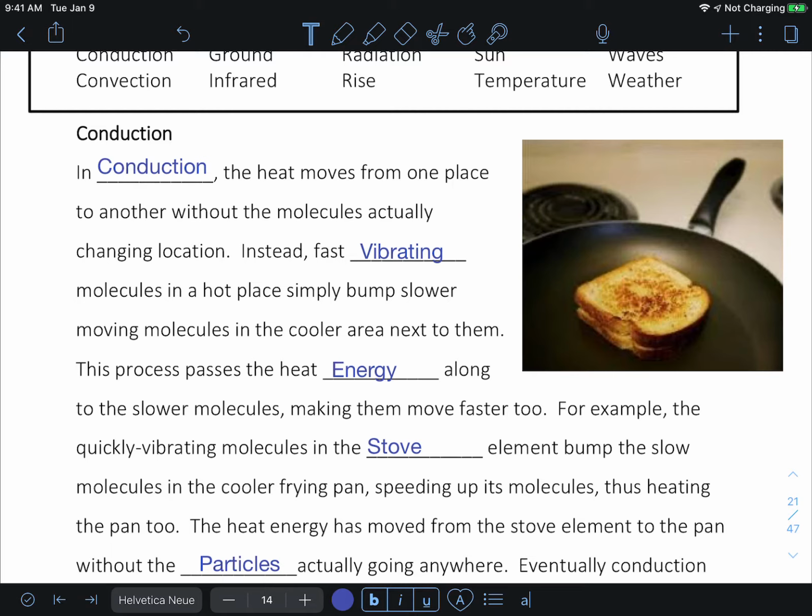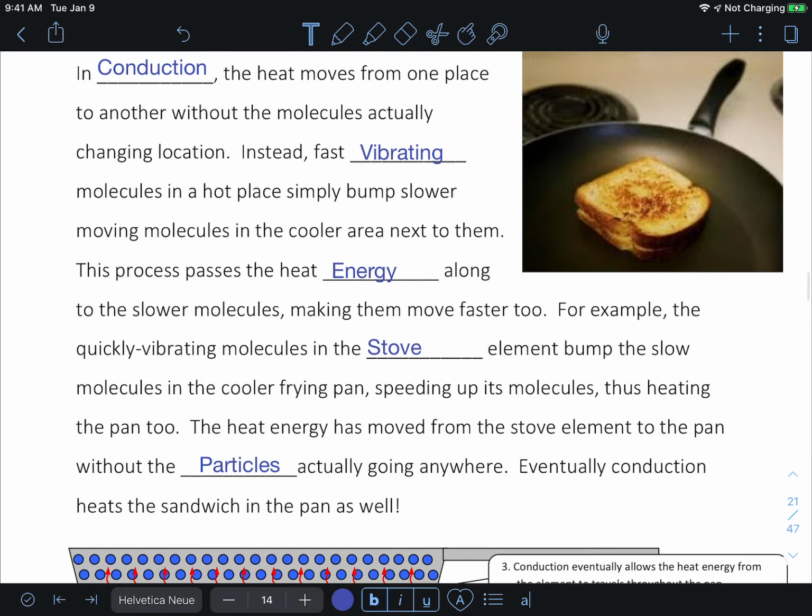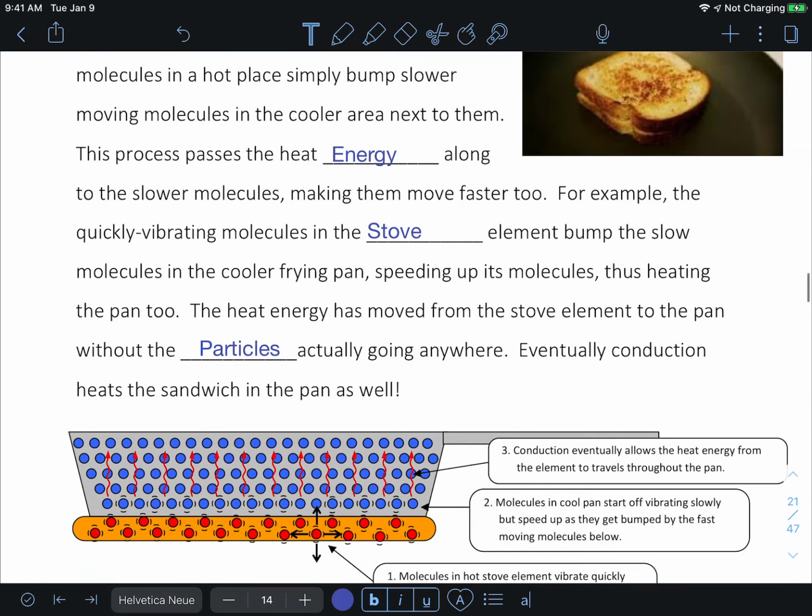So in this picture, we have a piece of bread there, or a sandwich being made on the pan. So at the interface, where the molecules of the bread are touching the hot pan, there might be some conduction happening there as well. And that's one of the reasons that the bread gets burned at the very edge where it's touching, because there's extra energy coming into the food from that area.